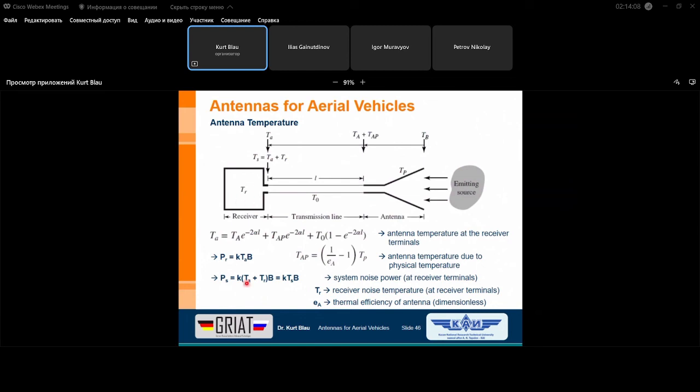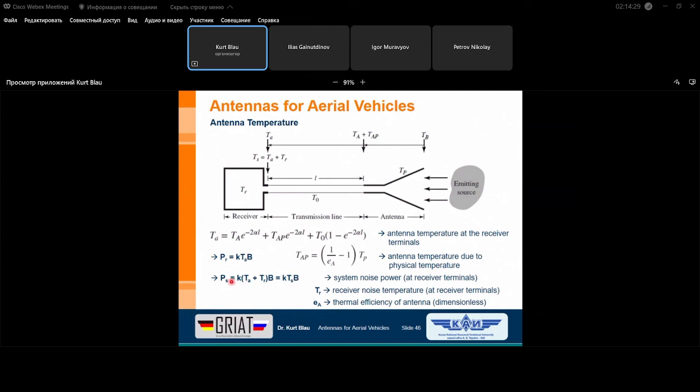here all things are expressed with the equivalent noise temperature, and the usage of the equivalent noise temperature makes the overall noise behavior much easier, because you can only apply this sum.